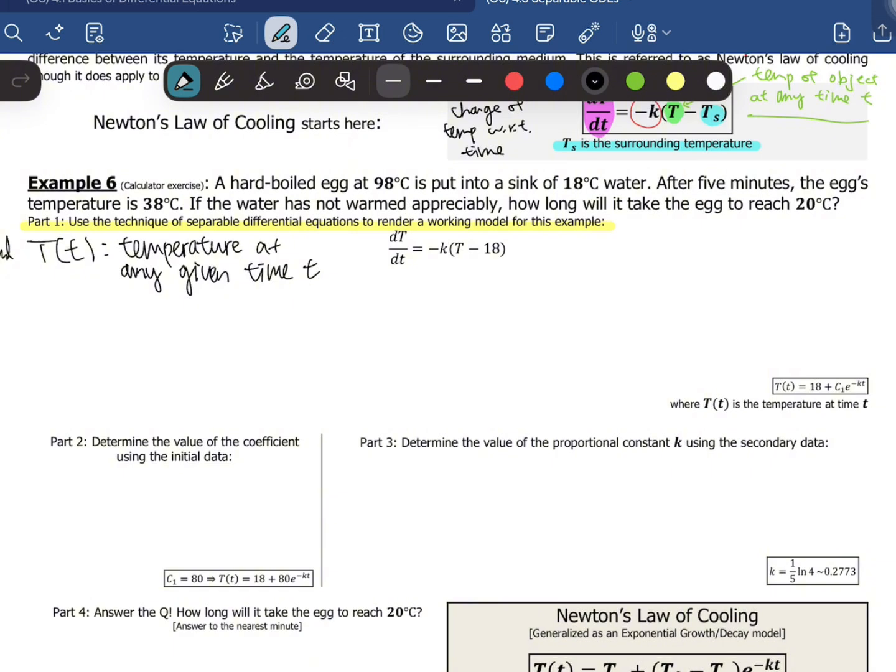So the first step into doing this is I want to get this guy over to the other side to be with the dt, and I want to move the lowercase dt over to the right. So let's go ahead and do that.